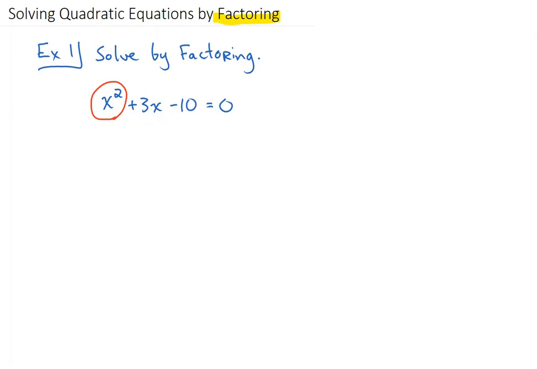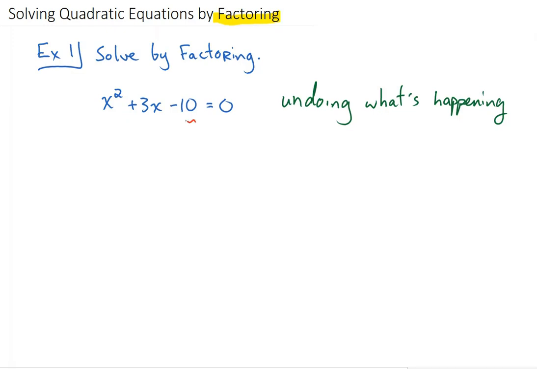Remember, when we're solving, we are undoing what's happening. Now, we can think of what's happening over here on the left side of the equation in a more complicated sense of there's some fancy multiplication happening there, because we saw that these trinomials come from multiplying two binomials, and so by factoring we are undoing multiplication, just a lot more complicated multiplication than what we were doing when we were just solving linear equations.